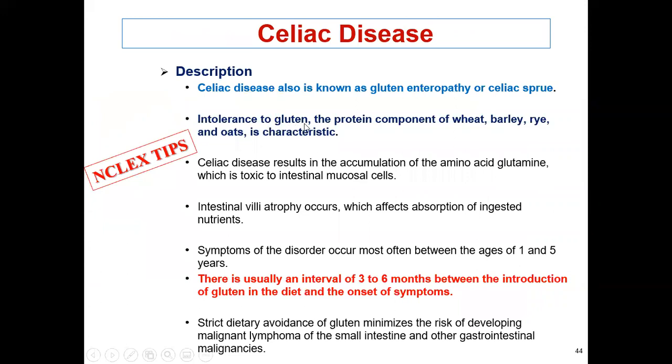Intolerance of gluten, the protein component of wheat, barley, rye, and oat, is characteristic. So ingestion of gluten results in damage to the small intestine, leading to malabsorption.